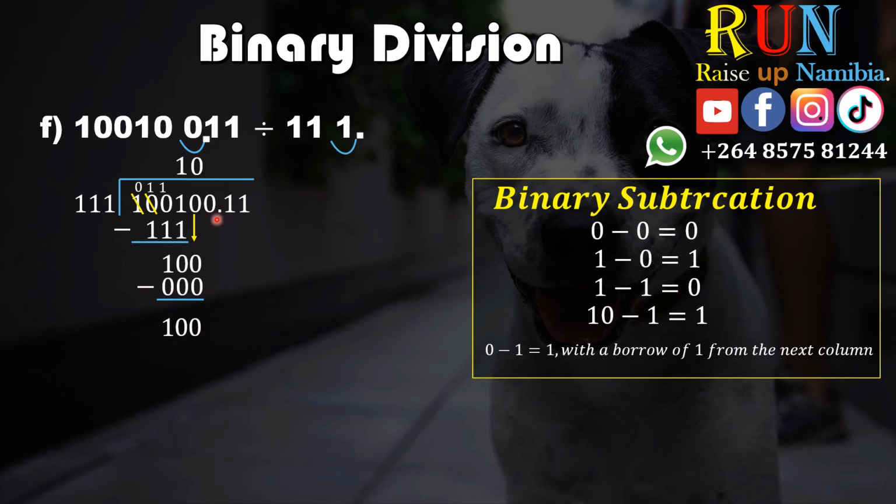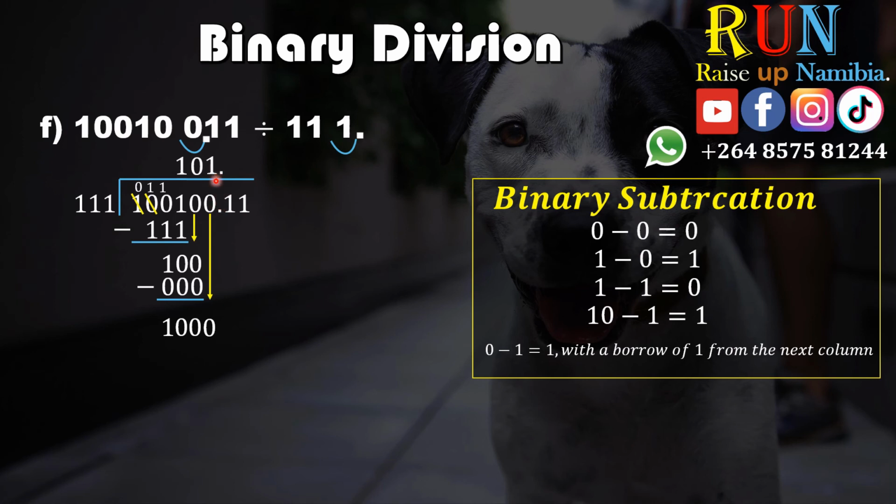So from here, you move to the next column and you bring down the next digit, which is 0. You ask yourself again, are we able to divide that 111 into 1000? Yes. So if the answer is yes, we write down 1 here. But notice that in alignment here, we have reached the dot here.